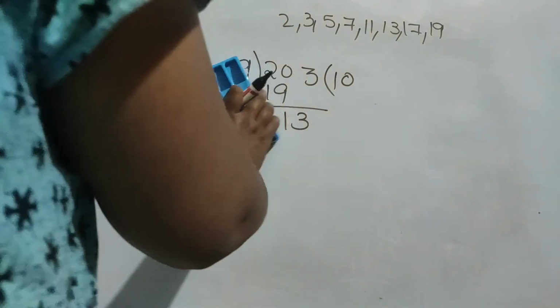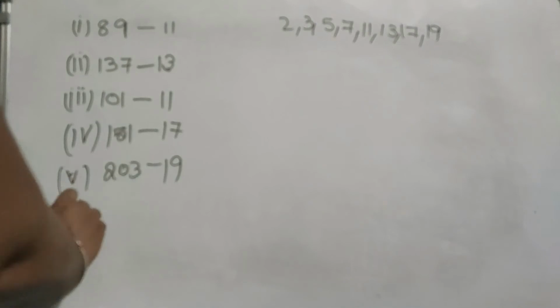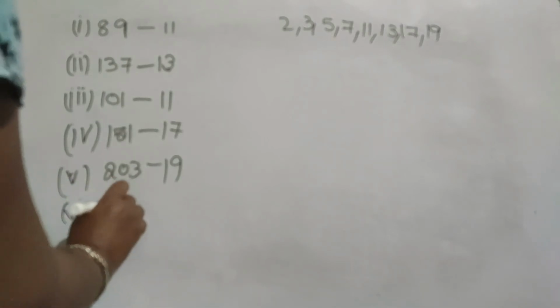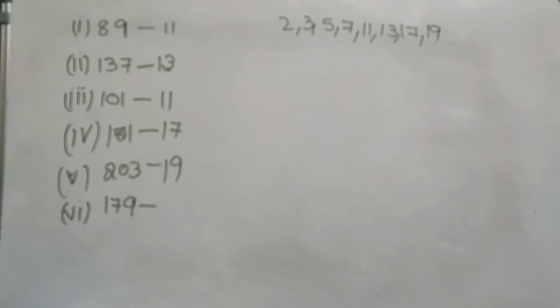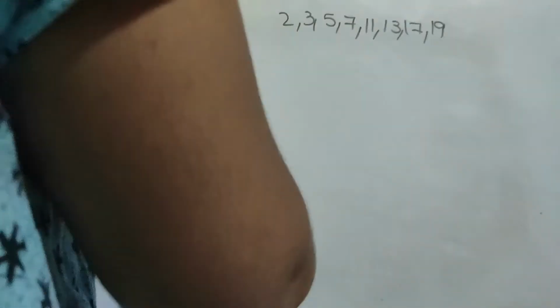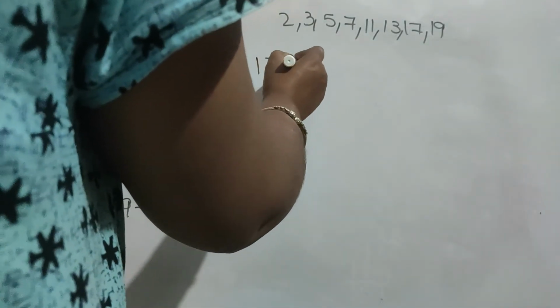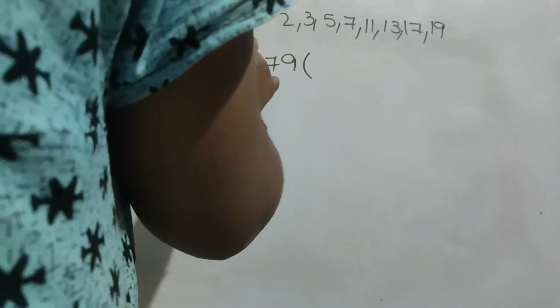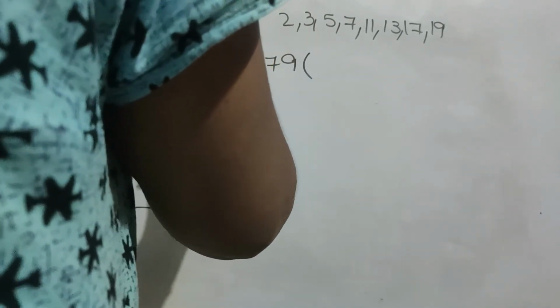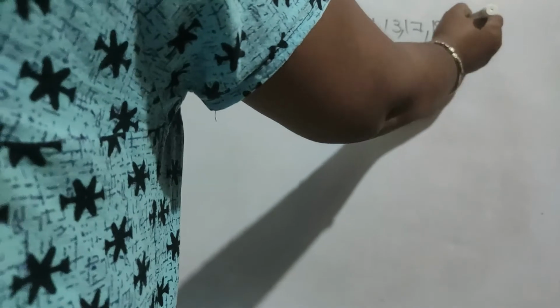Next question, 179. Next after 19, what will be the number we have? 23.